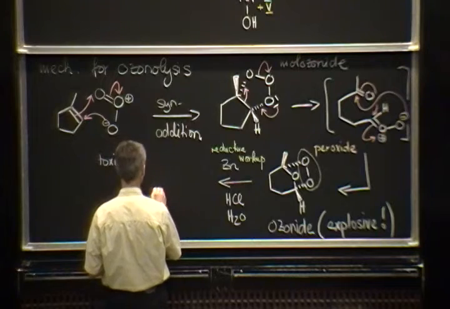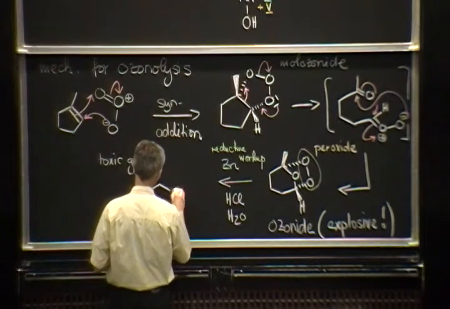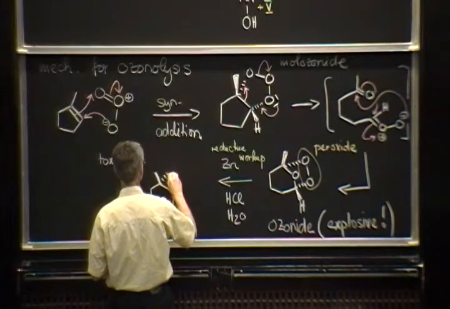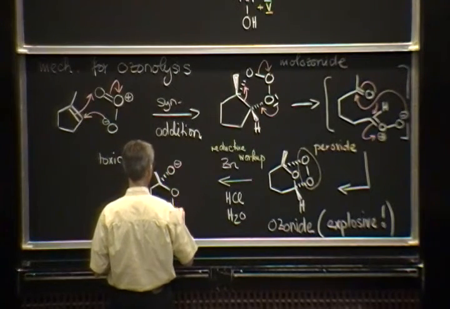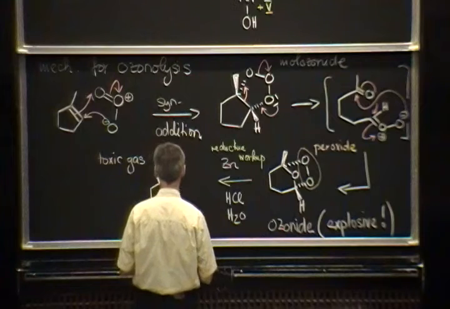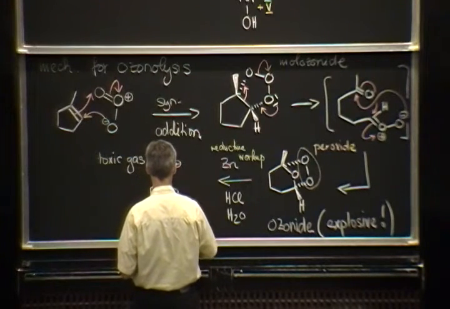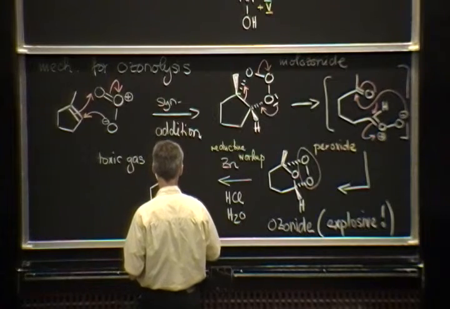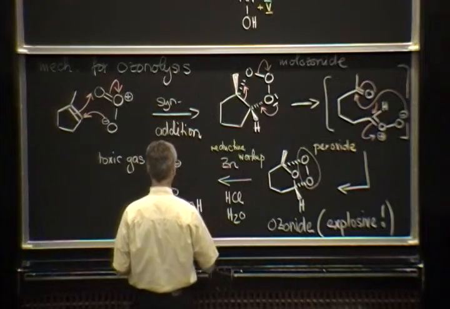So we'll draw that intermediate. And of course, this is all connected to zinc, and it's protonated. So I'm going to draw one of these already protonated by the acid as an OH.